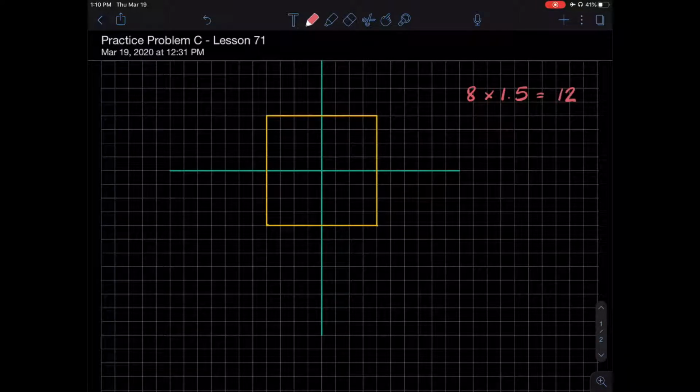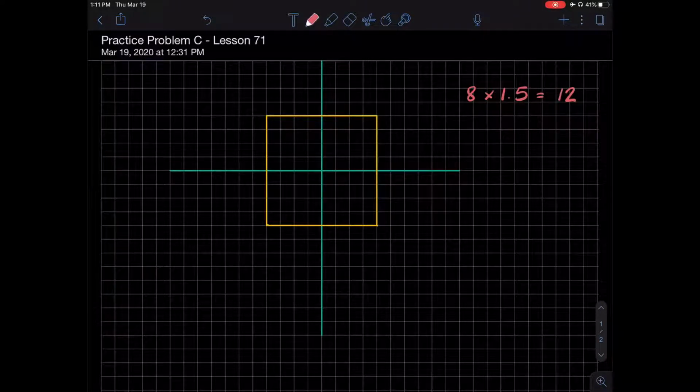So our new dimensions are 12 on each side, of the y-axis and the x-axis. Currently we are at 4 on this side, so we need to move it 2. So 1, 2. And then we're going to do the same going up, 1, 2.